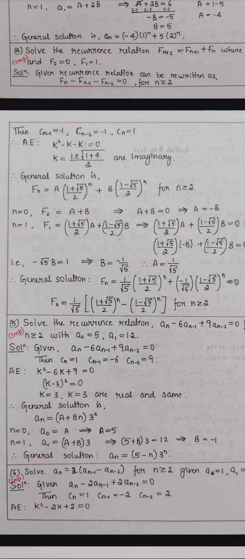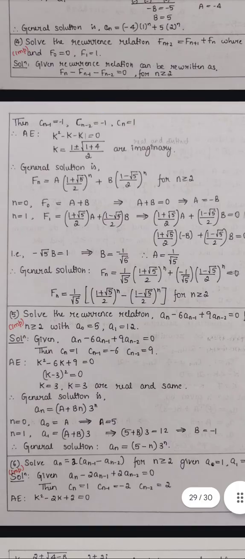So the roots are given by 1 plus or minus root of 1 plus 5 by 2. The general solution for this will be a into ((1+√5)/2) power n plus b into ((1-√5)/2) power n for n greater than or equal to 2.